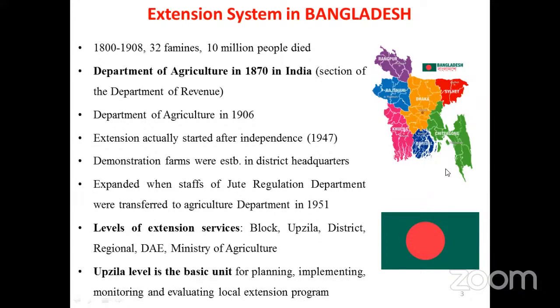As you know, Bangladesh was once a part of India. So the Department of Agriculture was started in 1870, but it was a part of the Department of Revenue, and a full-fledged department came into being in 1906, where different institutes like the ones in Pusa and Lyallpur, Pakistan, were all started. An important thing to notice was they had a jute regulation department, which was later transferred to the agriculture department.